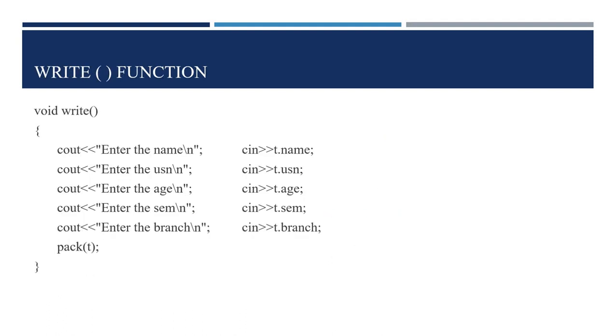So let us see how to write a record into a file. What are the contents required? Here we need to consider the name of the student, USN, age, semester and branch of the particular student. When we are reading the elements, we have to store them at the particular location in a file by performing the pack operation.